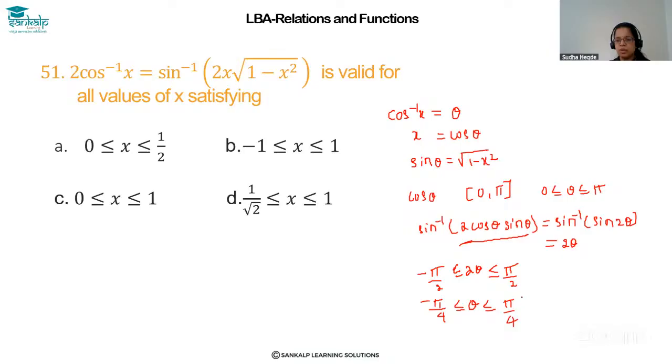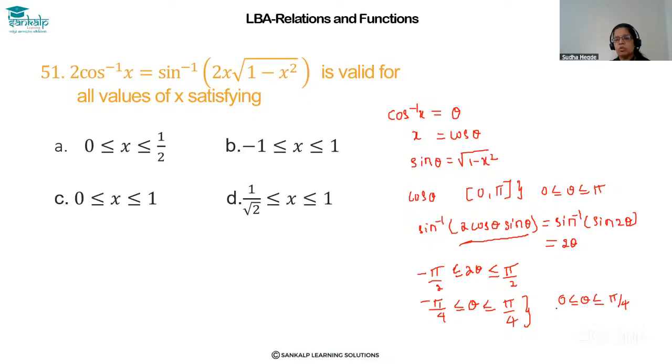If you combine this with this, what will you get? Common term is 0 less than or equal to theta less than or equal to pi by 4. Correct? Here also 0 to pi by 4 is there.